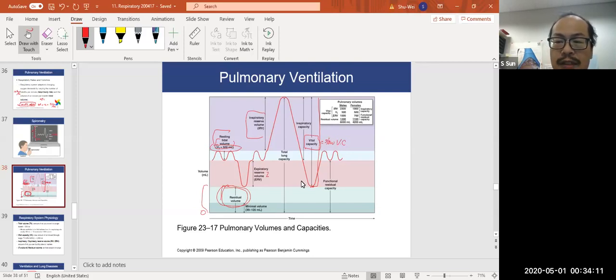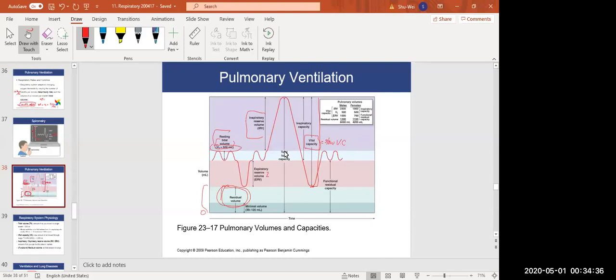And the other one is the largest one that you can use. So during exercising, or when you need more air, you can use the vital capacity. So these two are the major components. It's really important.